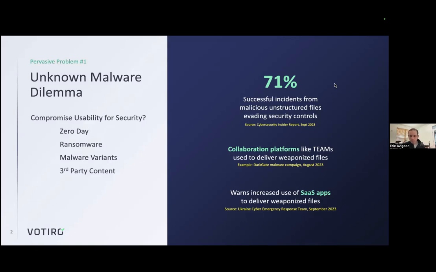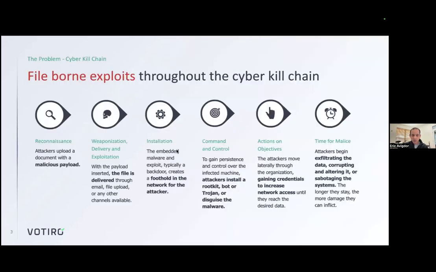We need to deal with some of the riskier variants within those files. So the problem is stated. We have a significant amount of files. Actually, 80% of the data that you have is unstructured data files. That's coming in from many different attack vectors, and we need to deal with making sure that it is safe to be used.